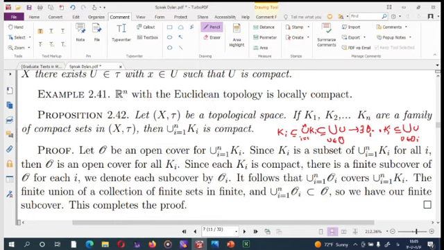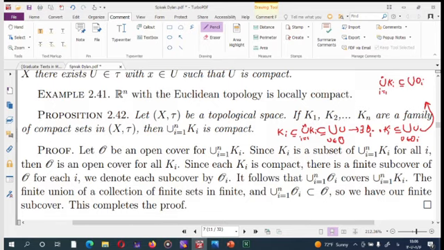So all the union of this Oi is finite. Okay. This union over i from 1 to n is a subset of this union.